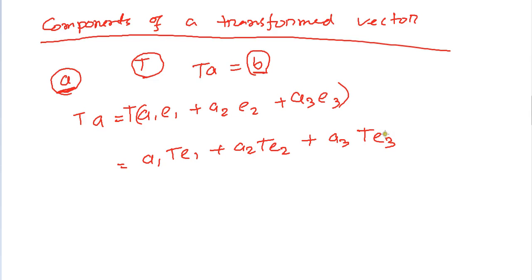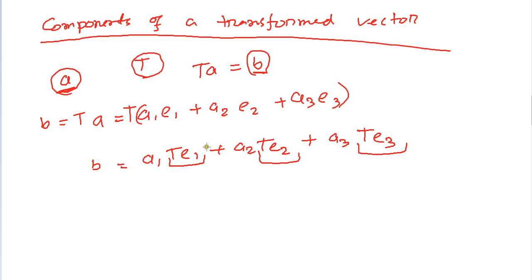If we can derive TE1, TE2 and TE3, then we can find all the transformed vector. This is B.